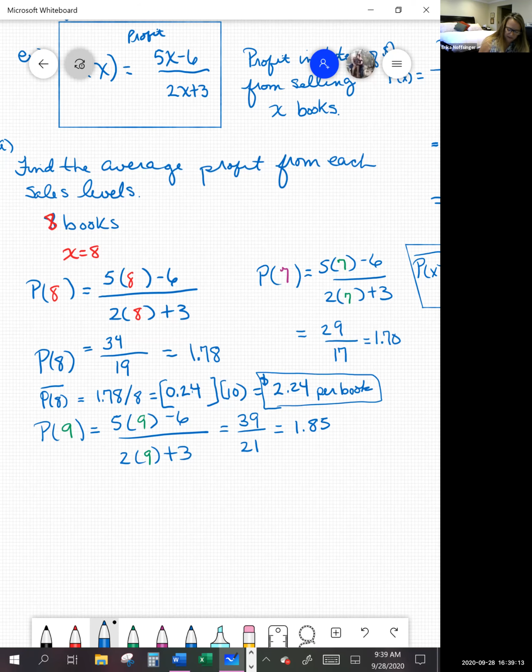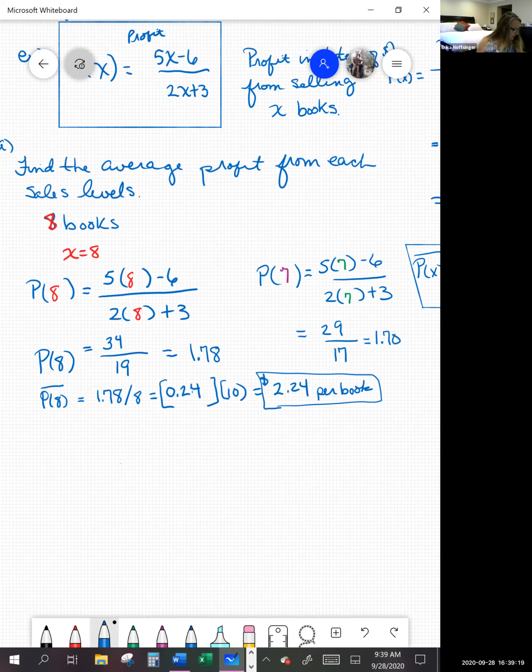So we can do the same thing with those other numbers. We can divide by that and get what that average cost is per book.